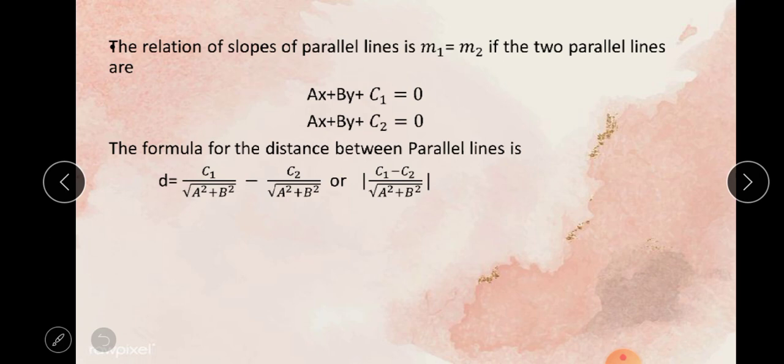In order to find the distance between the parallel lines, we will use the formula: distance is equal to c sub 1 over the square root of a squared plus b squared minus c sub 2 over the square root of a squared plus b squared, or the absolute value of c sub 1 minus c sub 2 over the square root of a squared plus b squared.